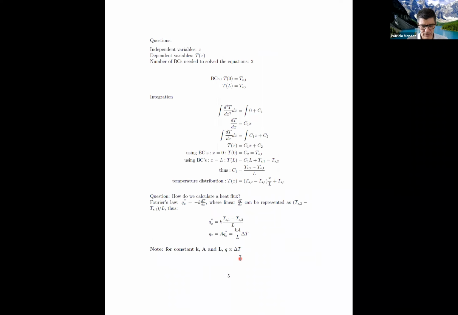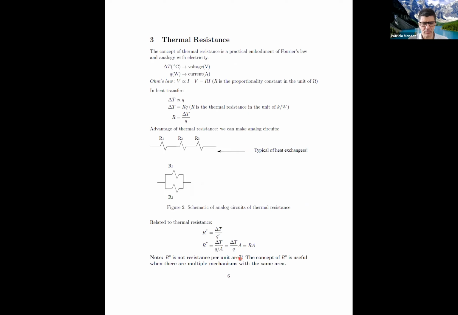So that one was very easy to solve because it gives us a straight line. And what we saw is that the heat rate, Q, is proportional to the delta T, to the difference in temperature between the two sides of the wall. And from there, we could define this concept of thermal resistance using the analogy with electricity. In electricity, voltage is proportional to current, and in heat transfer, temperature difference is proportional to heat rate.